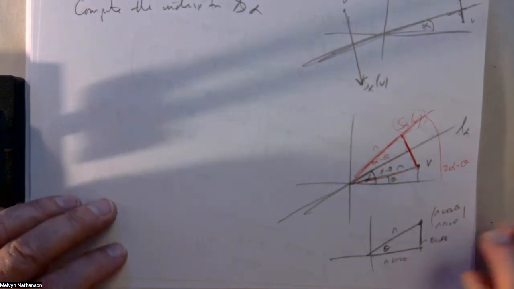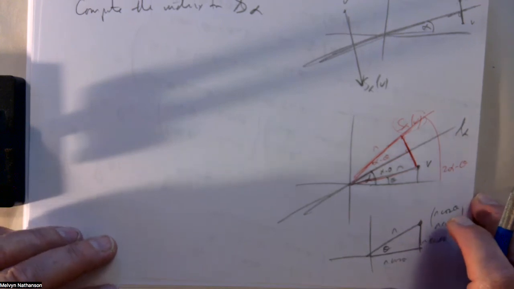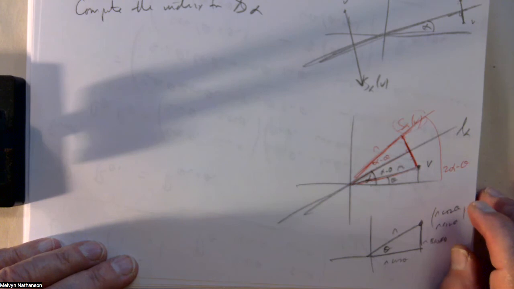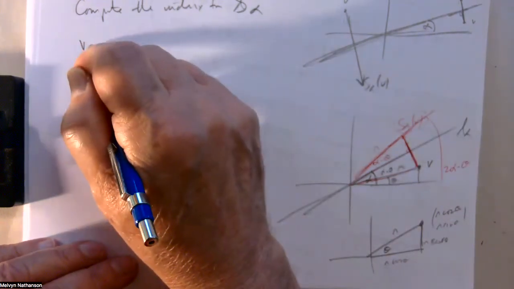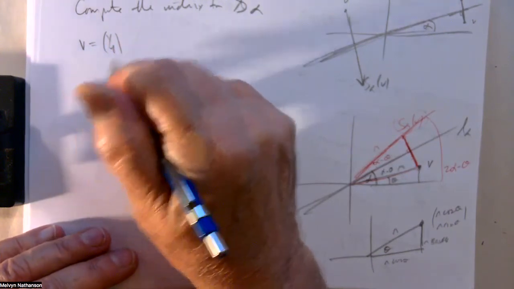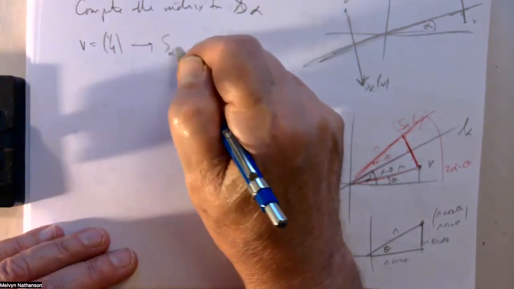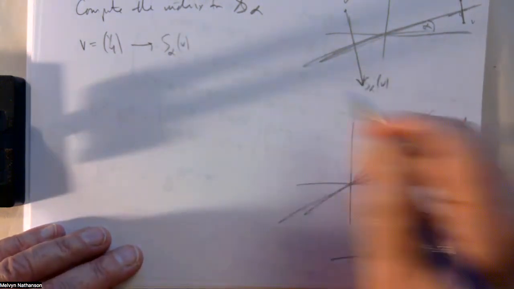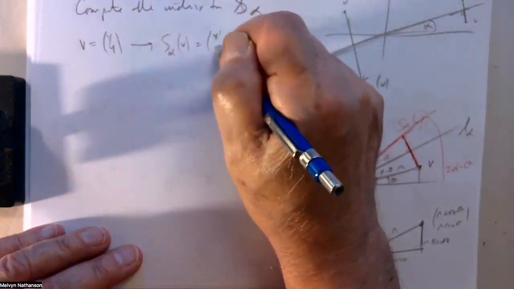So let's just recalculate. I start with the vector v with coordinates x, y, and it gets sent to S alpha of v with coordinates, let's say, x prime, y prime.